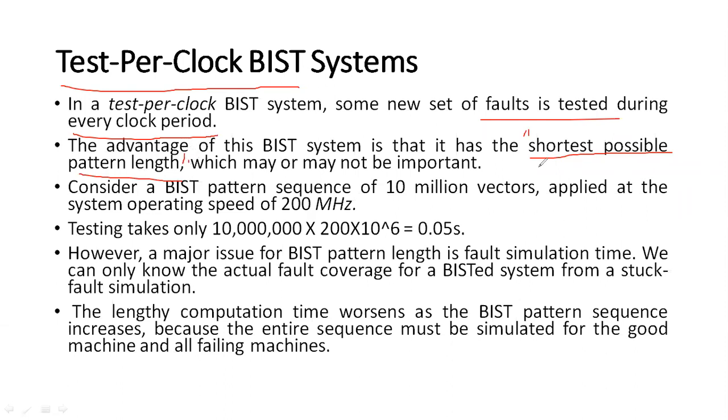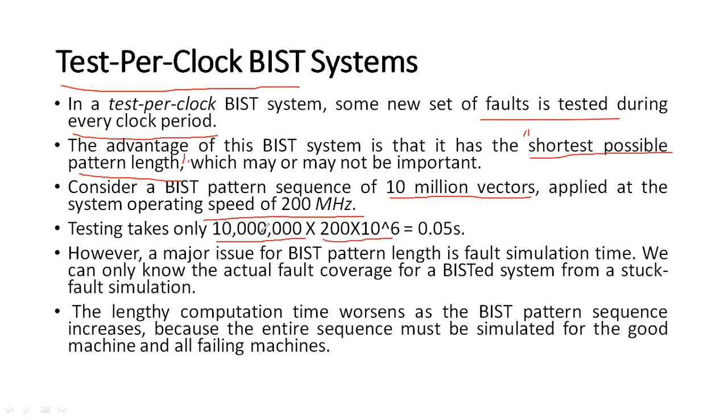Let us take an example. If I have 10 million vectors of pattern sequences of built-in self-test, operating at a speed of 200 megahertz, what will be the testing time taken? I have taken 10 million vectors, divided by 200 into 10 to the power of 6, that is, 200 megahertz.